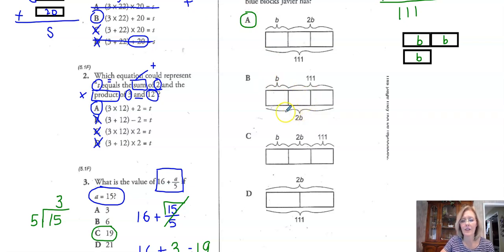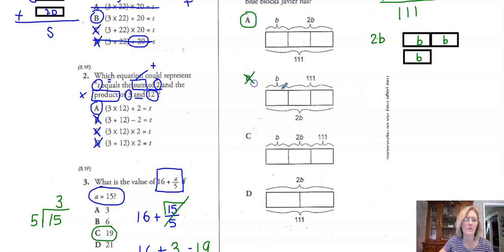Right here, it says that this is 1B. Yay, we have that. But then it has 2B saying that it's this whole entire thing. Well, that's not what 2B should be, okay? Or 2 times B. If you write a number before a letter, you remember, we can assume that it's a multiplication problem there, okay?